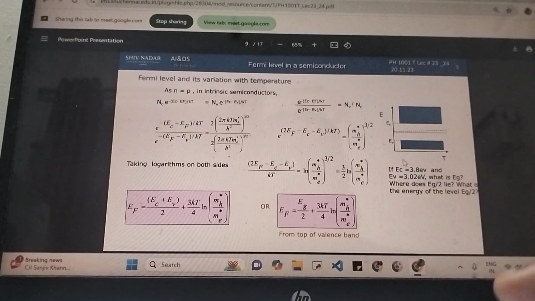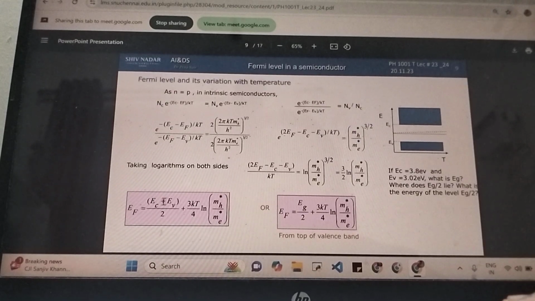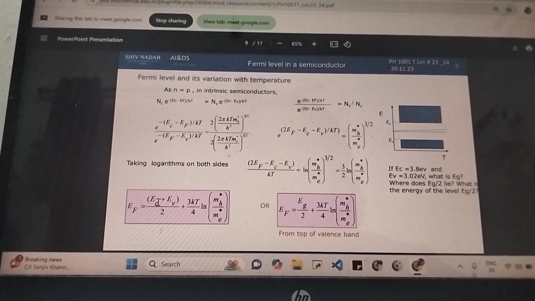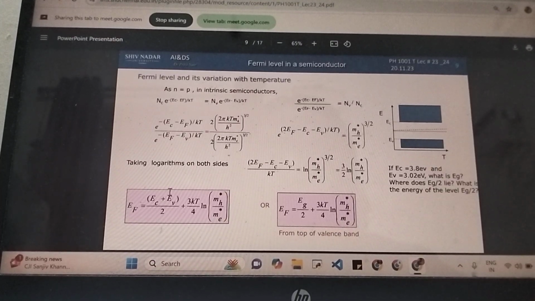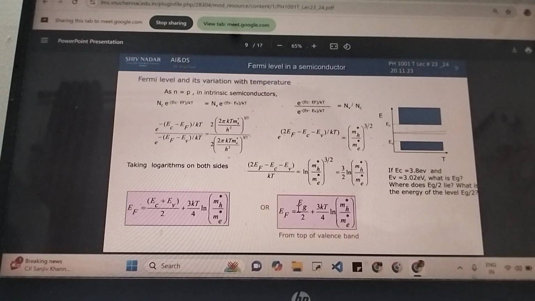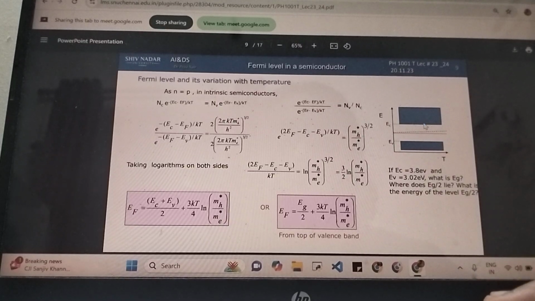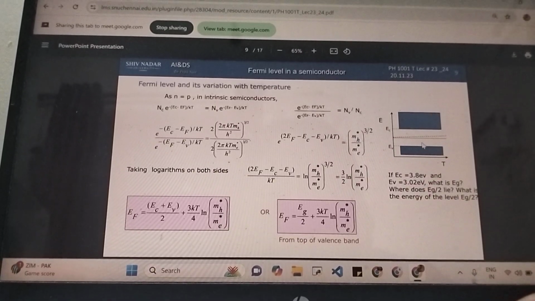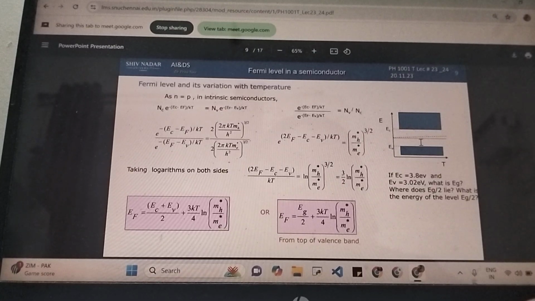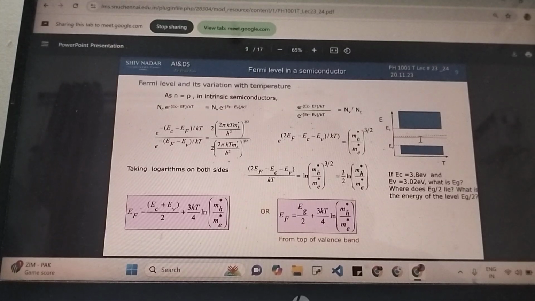So I'll explain. What we just saw is that under normal 0 degree temperature conditions, EF is going to be the midpoint, right? (EC plus EV) by 2, and that will be the midpoint. Now assume the same 0 degree temperature. Eg is going to be EC minus EV, which is this gap. So Eg by 2 will also be exactly half of this gap, right?